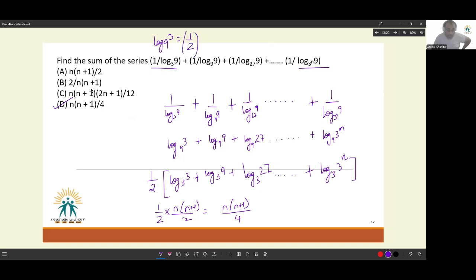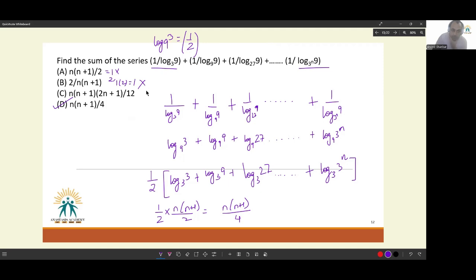Let's see, when I put n equal to 1, is there any option which gives me half? N into n plus 1 by 2. This is 1 into 2 by 2. This gives me 1, is ruled out. This is 2 by 1 into 2. This also gives me 1. This is ruled out.